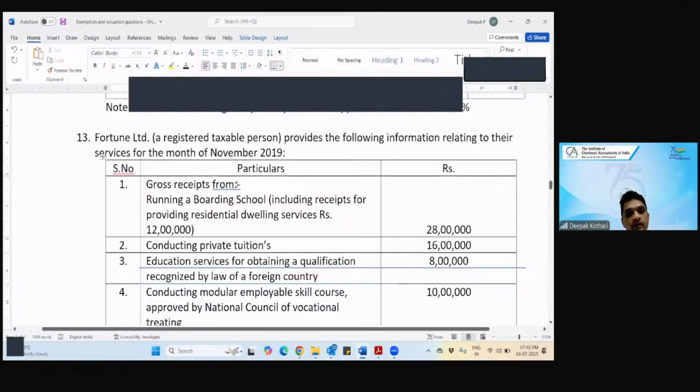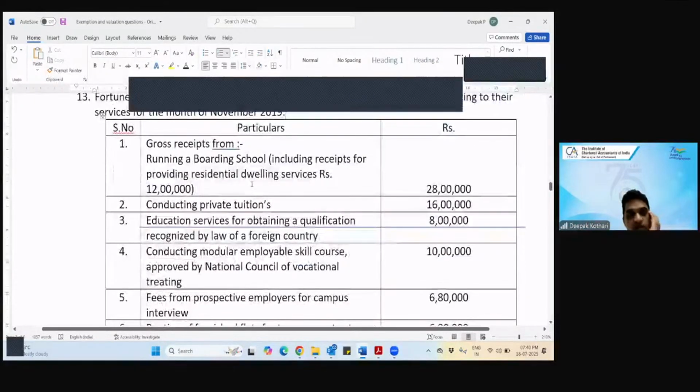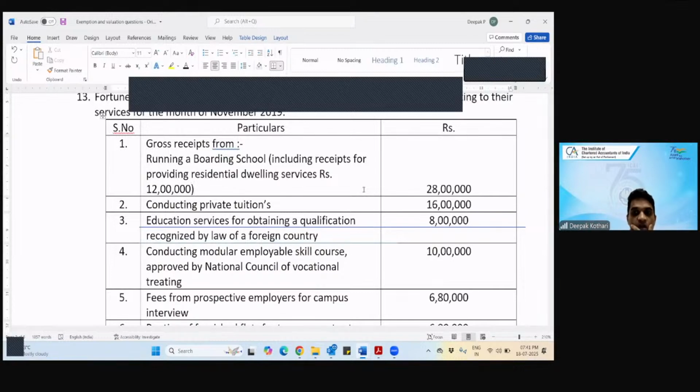Next, Fortune Limited, a registered taxable person, provides the following information relating to their services for the month of November 2019. Gross receipts for running a boarding school, including receipts for providing residential dwelling services, 12 lakhs. Total consideration received is 28 lakh rupees.